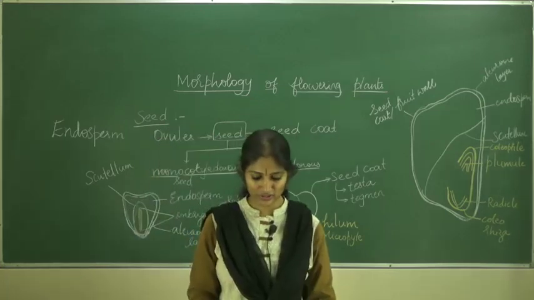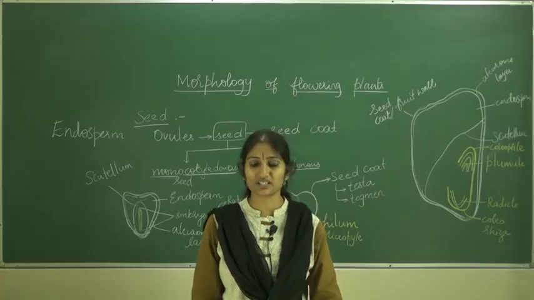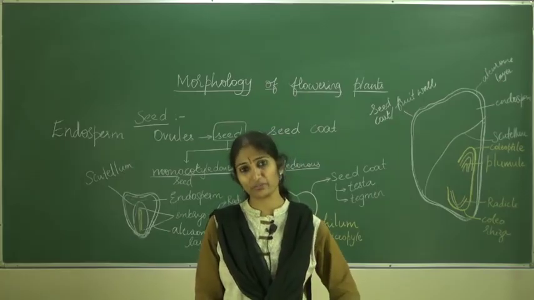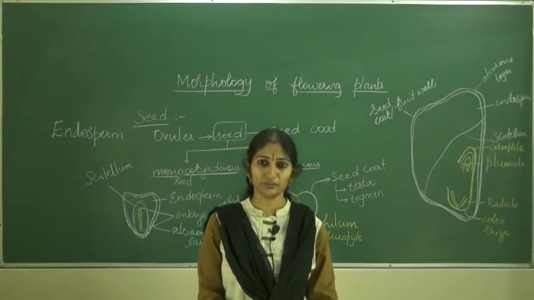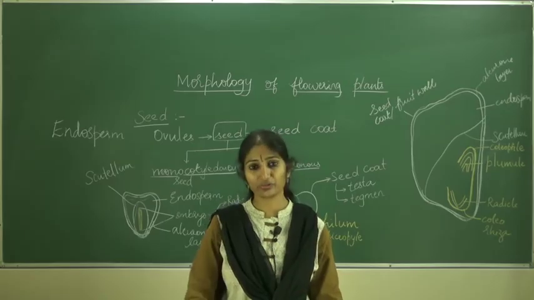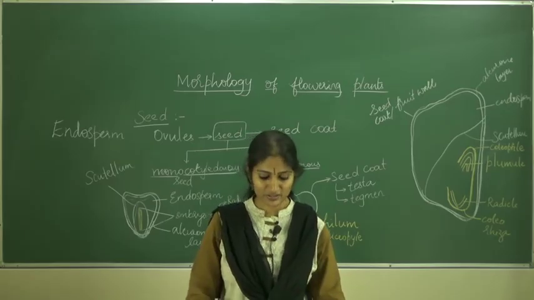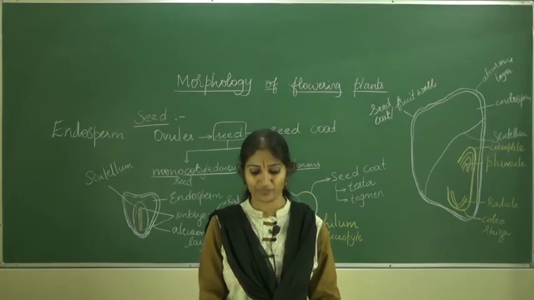So that is one part of understanding the morphology of flowering plants for three families, which I will tell you as and when we are dissecting the plant. Okay, so this is about this chapter. In our next class, we will start off with the anatomy of the flowering plants.